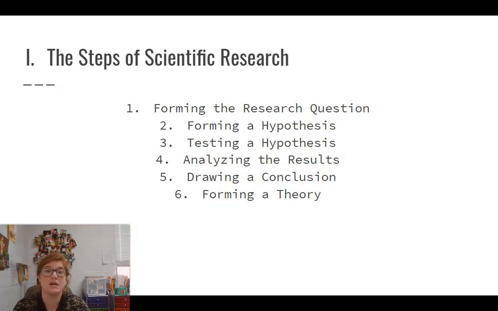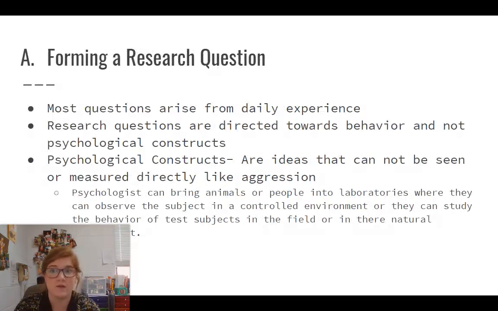You have to make an assumption about your research question. You have to test that hypothesis. You have to analyze the results, and you have to draw a conclusion where either you reject your hypothesis or you accept it. And then further beyond drawing a conclusion, you could have forming a theory.